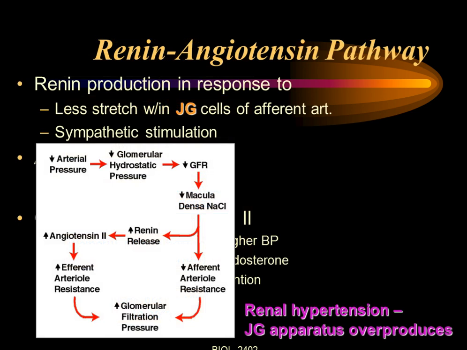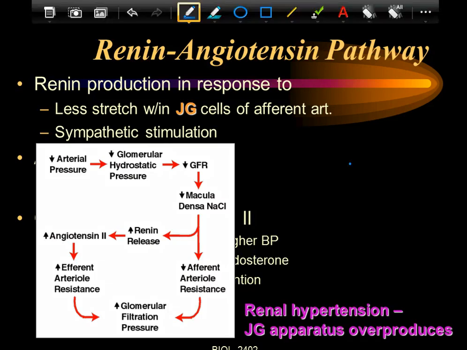Renin. Okay, let me remind you. It comes from the JG apparatus, the JG cells, right there where I just mentioned. The stimulus has to do with how much stretch there is in the afferent arteriole, which is of course related to the pressure. Overall blood pressure could affect your glomerular hydrostatic pressure, causing it to go too high.